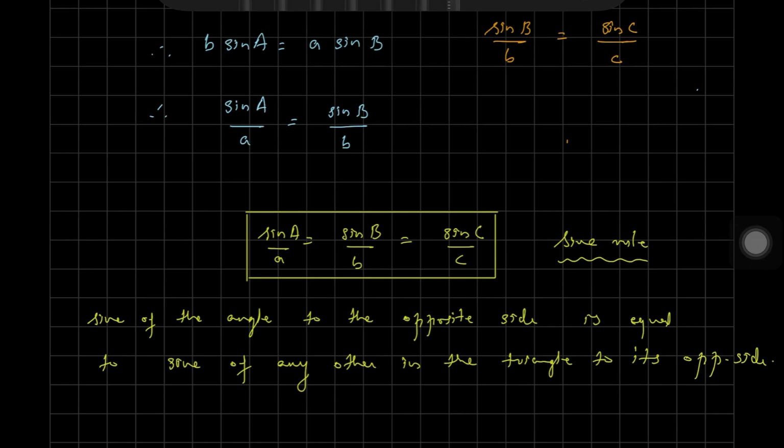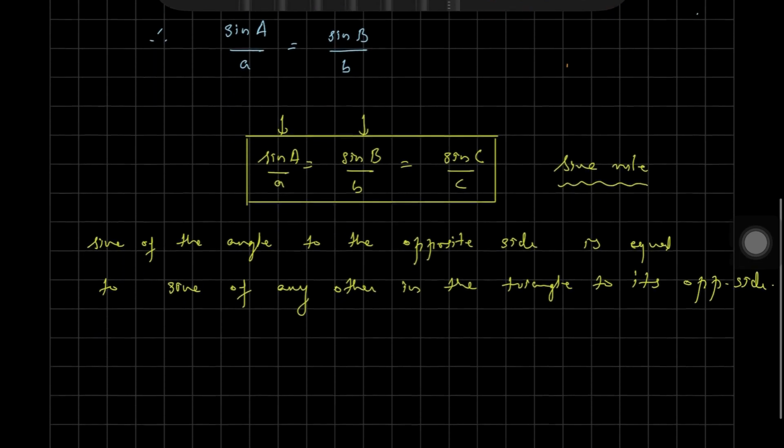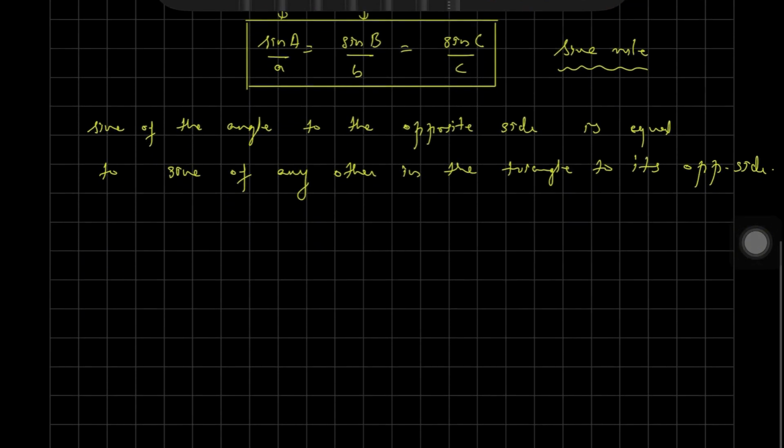Okay, now I just spoke for two of the ratios over here, but that's what it means for the third one too. Let's try this out as an example, and it makes more sense when you work with an example. So I have this triangle.